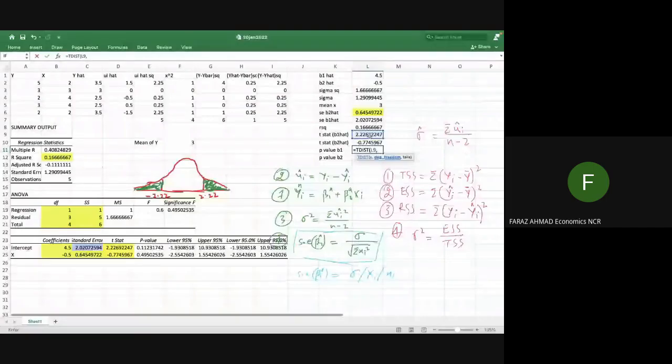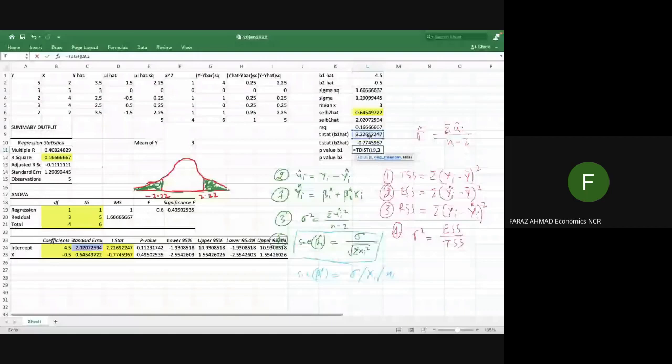Degrees of freedom is n minus k. The sample size is 5, and parameters to be estimated is 2, and 5 minus 2 is 3. So I'll write a 3 here. So that's the degrees of freedom. We need degrees of freedom to calculate the p-value. Then how many tails you're working with?